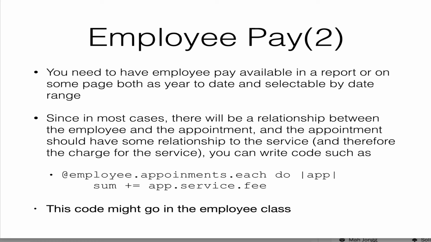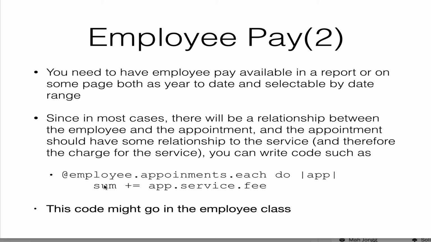The way I would probably go about doing this is, in my employee class, have a method called payment, or payment between dates, or payment due, whatever you want to call it. And then inside that, assuming that an employee has many appointments and each appointment has a service, you could do something like this code that's shown right here, where you've got employee.appointments.each do, and then you're just adding this up.